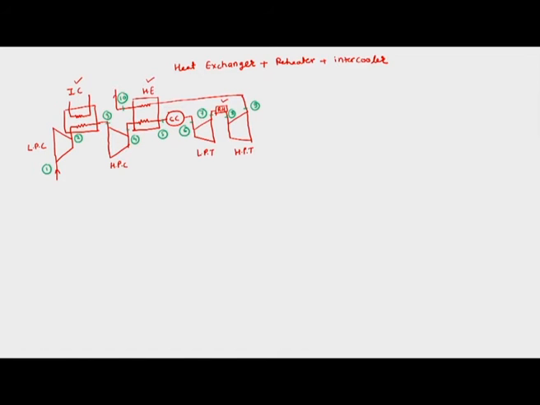So now we should write all the formulas that we were writing earlier. Our formulas are this way: WC is equal to W low pressure compressor plus W high pressure compressor.